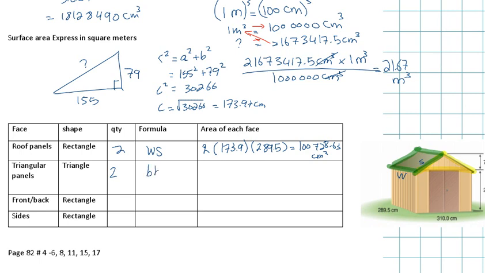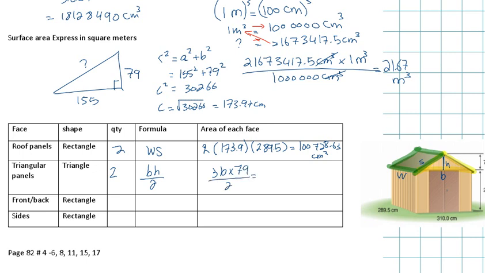So 310 times 79 divided by 2 is equal to, and then I have to multiply by 2, because I have two triangles.